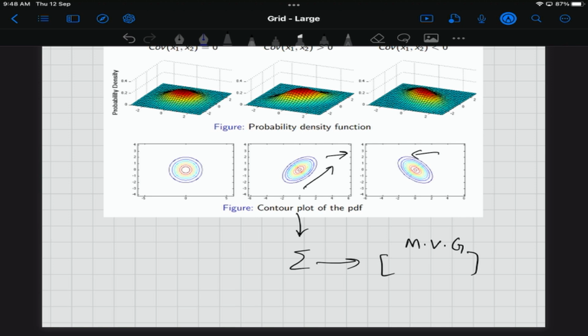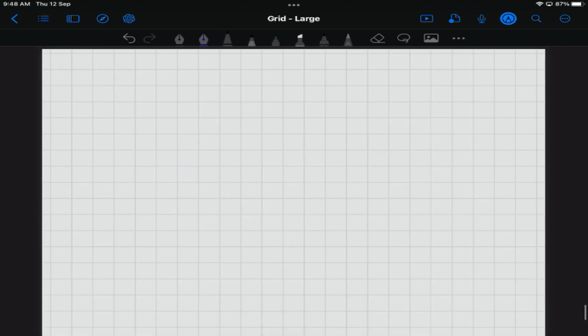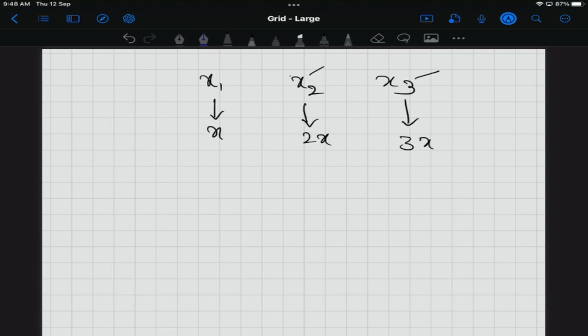Correlated means not just linear dependency; it can be quadratic dependency. Suppose you have x1, x2 and x3, with x, 2x and maybe 3x. Then you can say x1, x2 and x3 are linearly dependent on x1. But suppose I have x cube here and x square here, they are not linearly dependent, but still they are correlated, right?